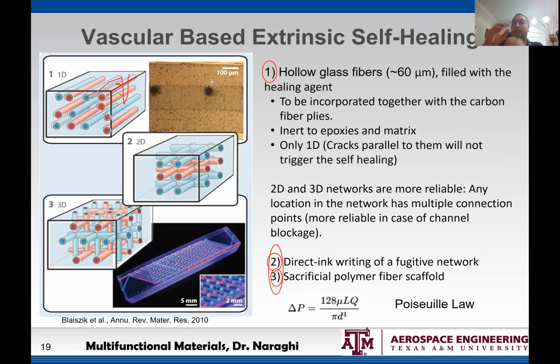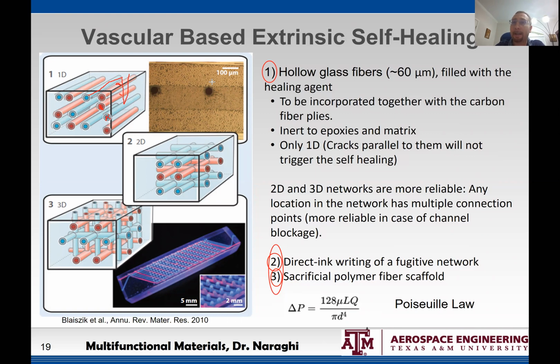So basically, there is a solid boundary that separates the hollow core from everything around it. Another category is through sacrificial material or fugitive networks. Both are basically the same, and in terms of processing they are different, but in many ways, both are the same.